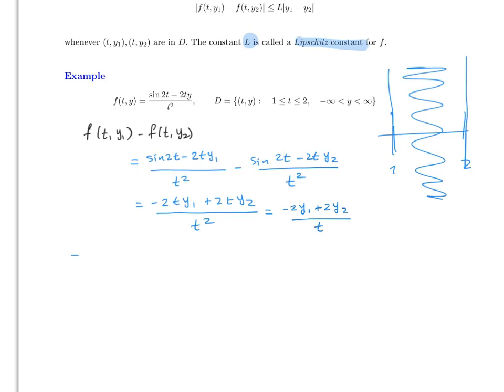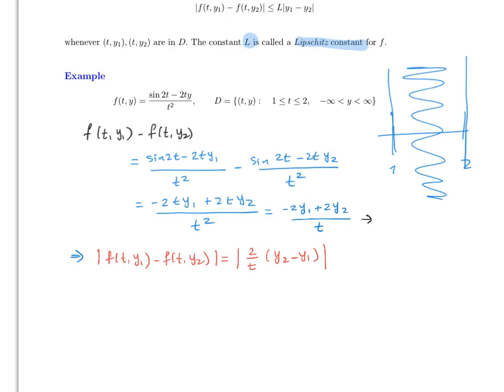Then this implies that the absolute value of f(t,y1) minus f(t,y2) should equal the absolute value of 2 over t times y2 minus y1. How do we get that?